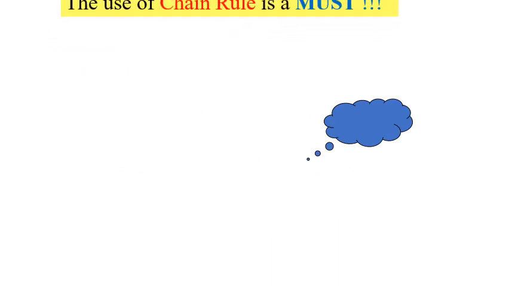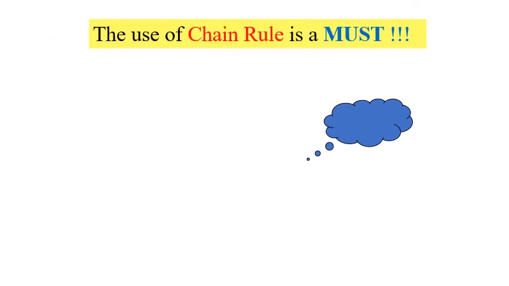Okay, next. Using the chain rule, I think the chain rule is not a must in this case, because the chain rule is a must in rate of change. So in rate of change, yes, you have to use the chain rule, but for optimization, it's not necessarily using the chain rule.